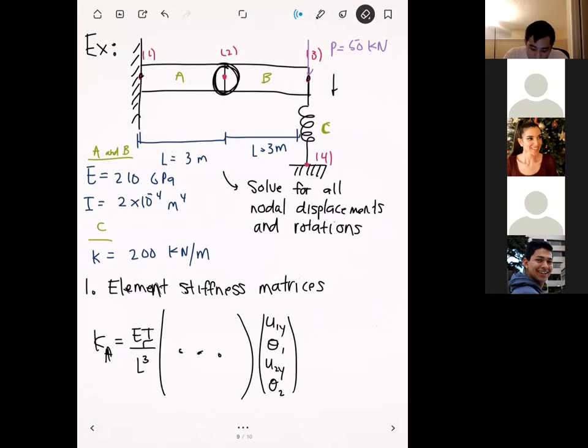Normally for a spring, it might look like this, and we call these nodes 3 and 4. Normally we say that the degrees of freedom for the spring are going to be u3x and u4x. But in this case, since the spring is vertical, when you stretch the spring and it displaces axially, the direction is actually going to be y.